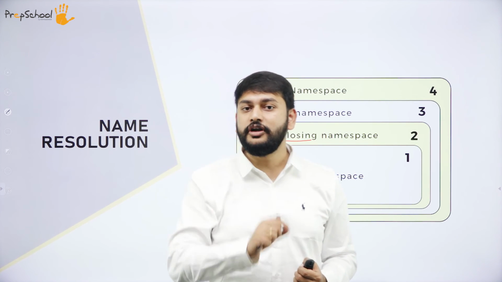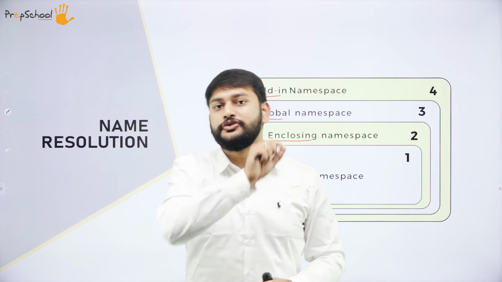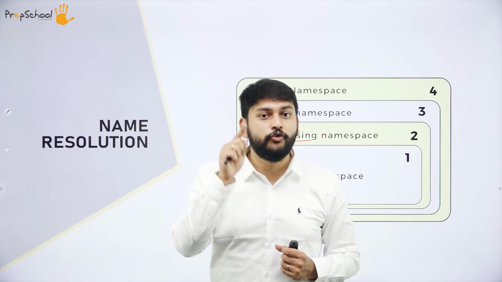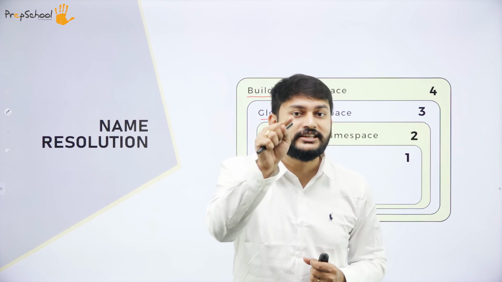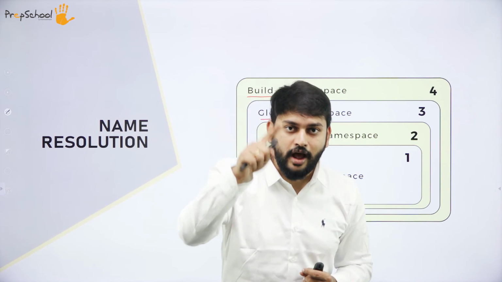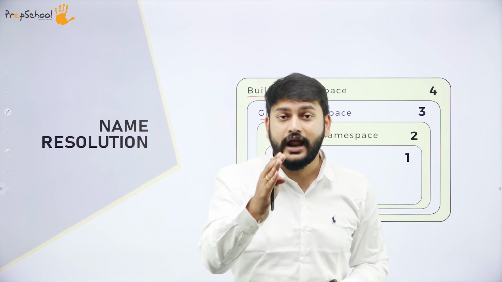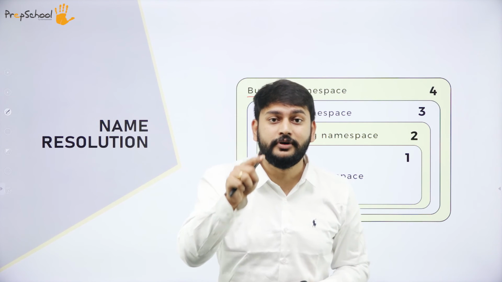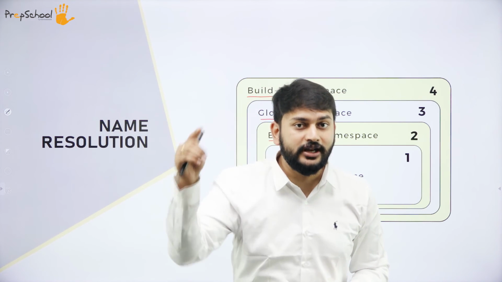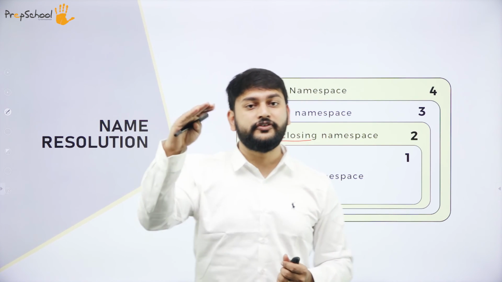If you want to define any function, please remember, you have to use the def keyword followed by the name of the function. Whenever you write the name of the function, please remember you have to follow the rules of identifiers. Then after that you will use the parenthesis. Inside that parenthesis you will write the parameters. Please remember there is a difference between parameters and arguments. Then after the parameters that you have mentioned, you will come to the body of the function.